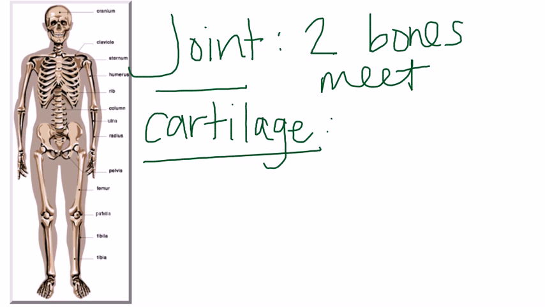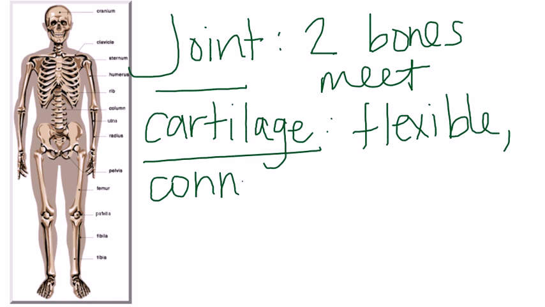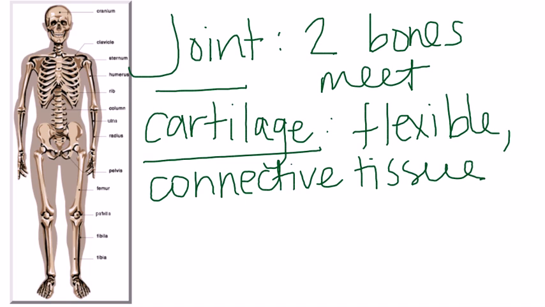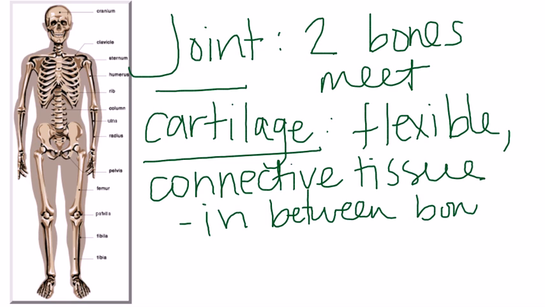Cartilage is a flexible connective tissue. And remember how we talked all about connective tissue. It's a flexible connective tissue that you will find in certain places in your body. It's going to be in between the bones, and I'll just write these in here. In between bones, you may find it around the vertebrae in the spinal column.